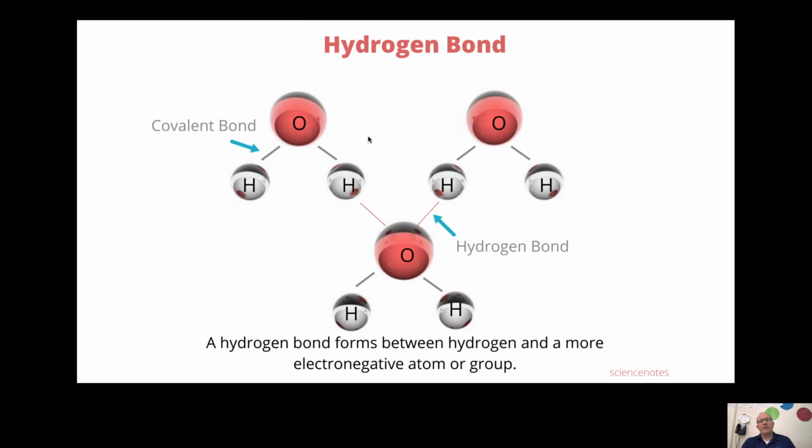So the oxygen is more negative, the hydrogen is more positive, and the water molecule likes to interact with other atoms because the hydrogen would like to have another electron.